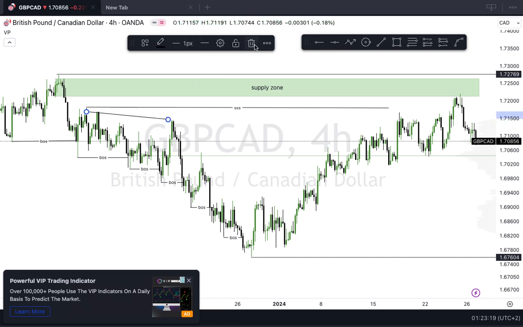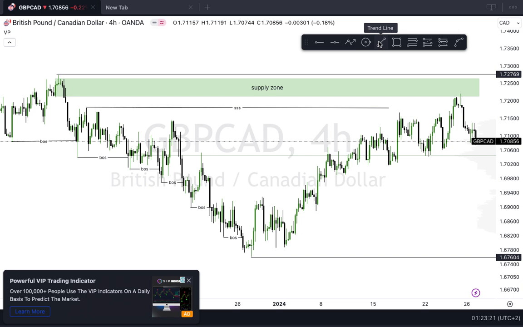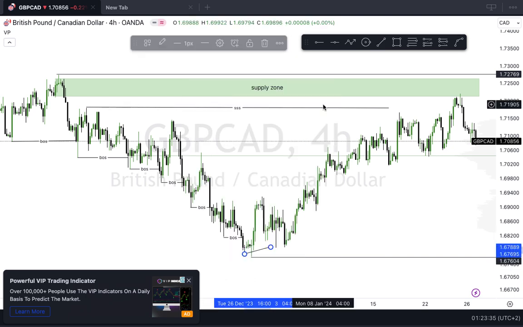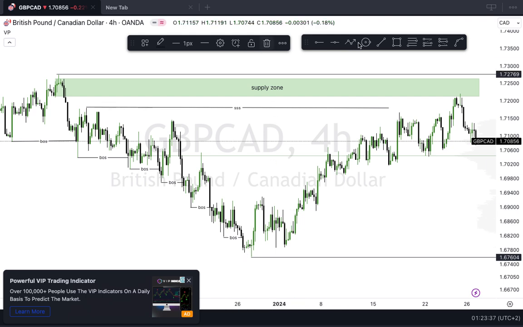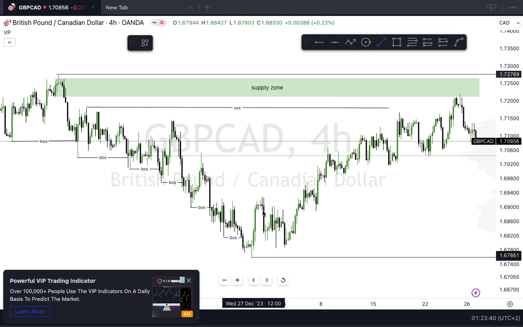So let's see how the market performed after that, you understand? After we got our last break of structure, the market gave us a low here. See this low here, and then from there, after giving us that low, the market went up.